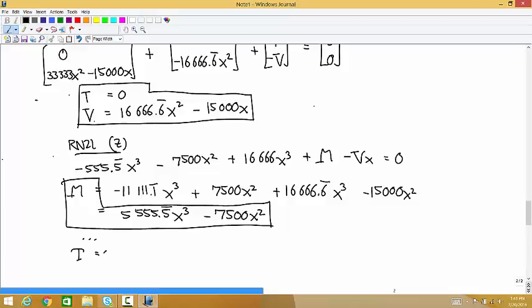For that cut, the torque is equal to 0. Okay, so this one, we can check that. dm/dx is equal to 16,666x squared minus 15,000x, so that makes sense. Okay, yeah, my main question was on the versions, but I think I got the second part.